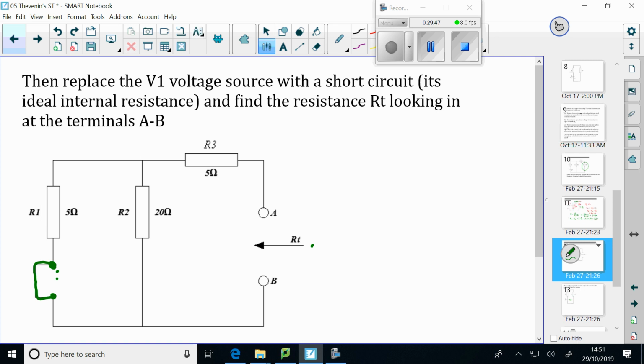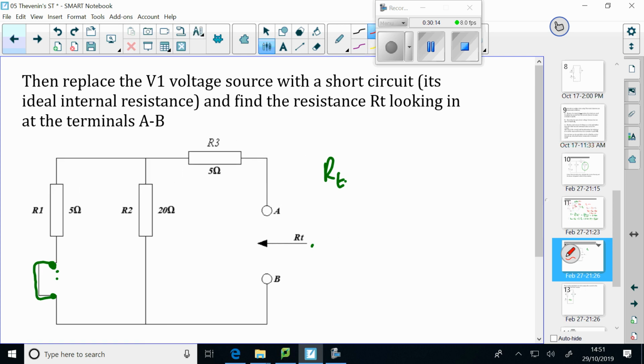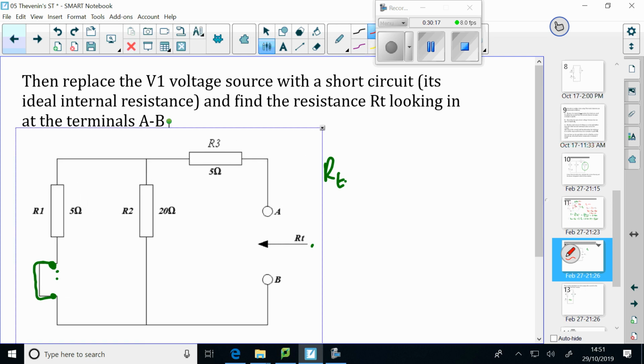Right? And then what we're looking at is that R little t is the resistance looking back in that way. So what would be an expression in one go for R little t? What kind of circuit have we got there? Think about where current would flow and what options current would have in this circuit. If I put a battery across those two terminals, for instance, where would current flow?